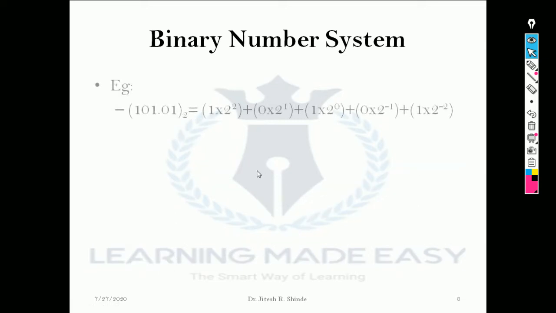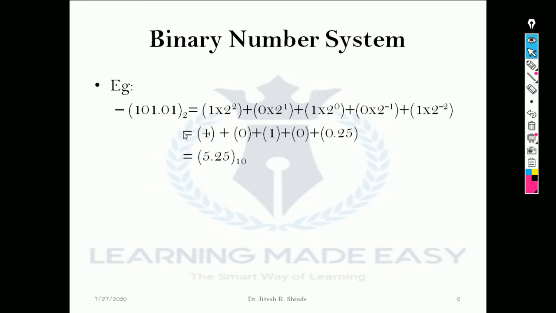Another example, this will give us the idea how we can convert a binary number to a decimal number. Up to this step we have seen in the previous slide, 101.01. It can be represented as 1 into 2 to the power 2 plus 0 into 2 to the power 1 plus 1 into 2 to the power 0 plus 0 into 2 to the power minus 1 plus 1 into 2 to the power minus 2.